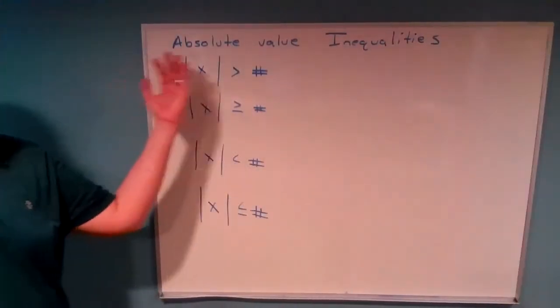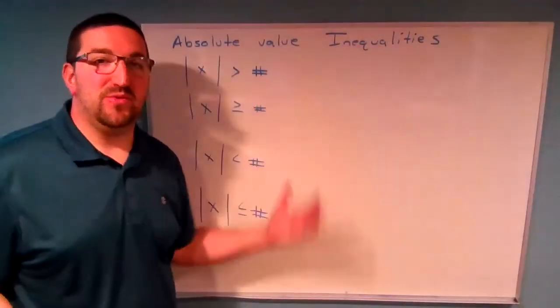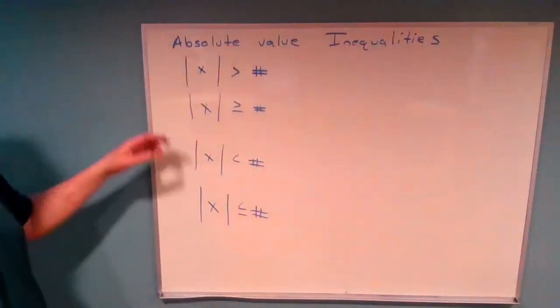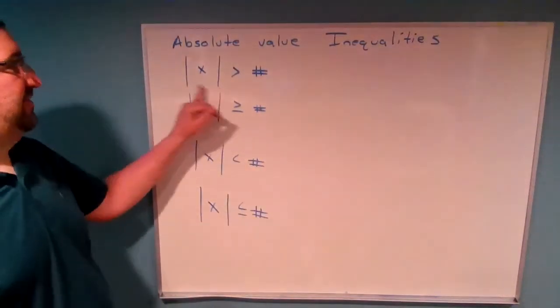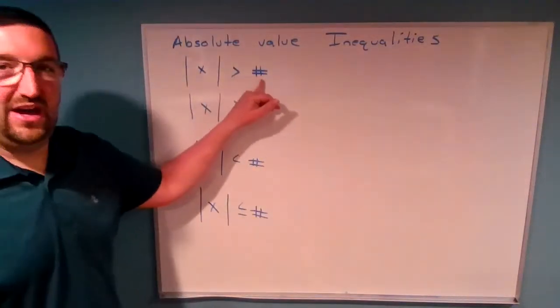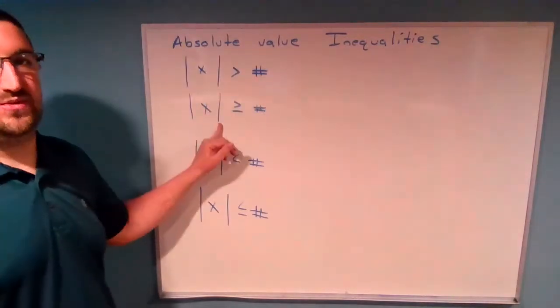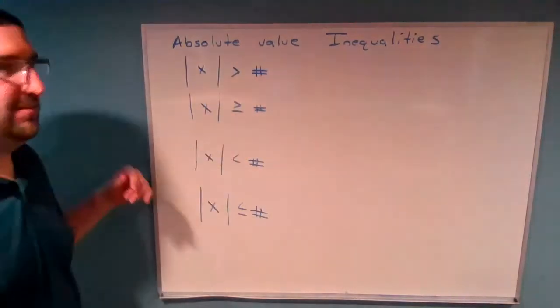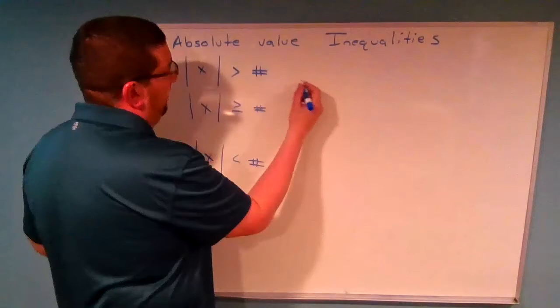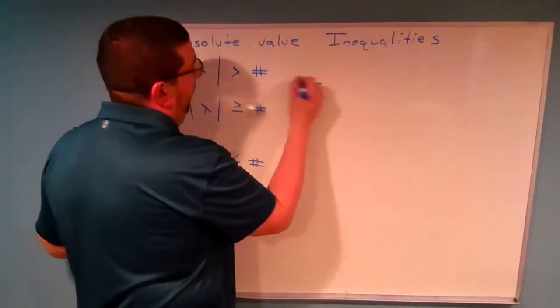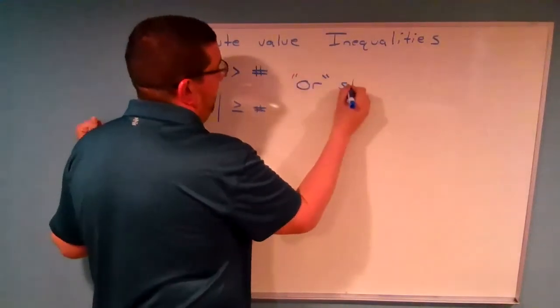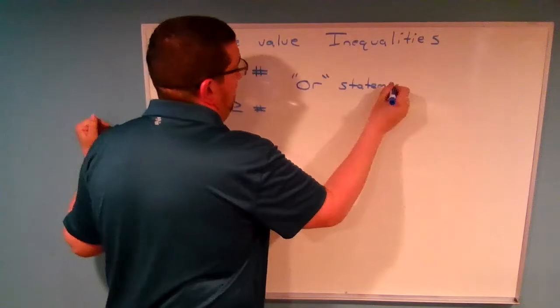And when we're solving absolute value inequalities, there's a couple rules that we have to follow. When we have our absolute value being greater than a number, or our absolute value being greater than or equal to a number, these would become or statements. Okay.